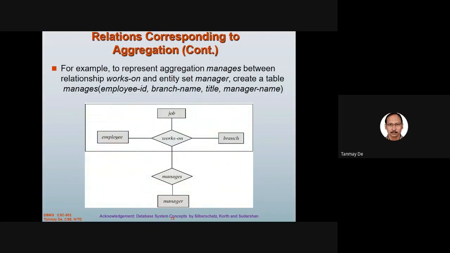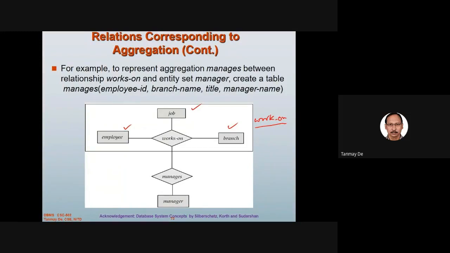For example, this is the aggregated entity set. This work on entity set actually aggregates three entity sets: employee, branch, and job by the work on relationship set. I already discussed the details of that in our previous class. But now the point is how we can convert this into a table.